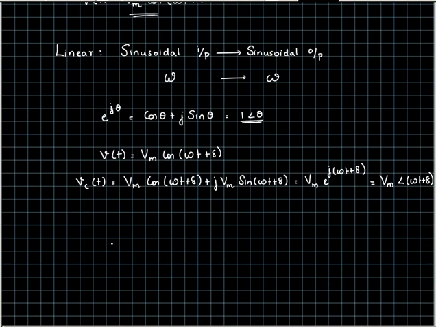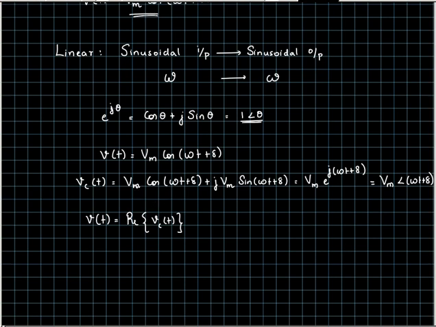Having defined this new signal Vc(t), I can get back my original signal v(t) if I am given Vc(t). How do I do this? I can write v(t) as the real part of this signal Vc(t).